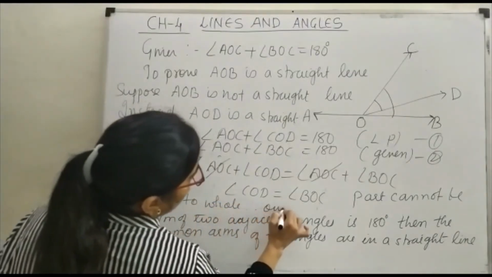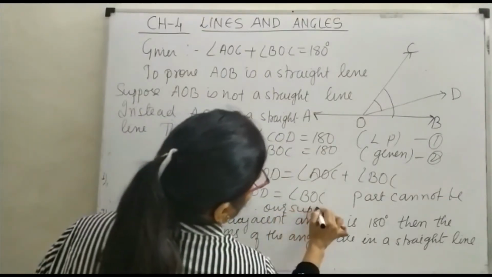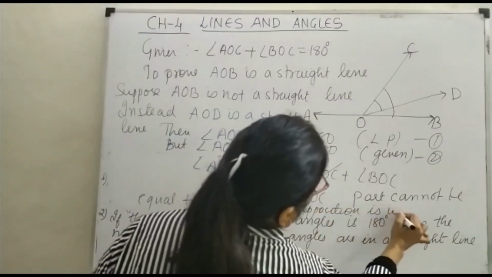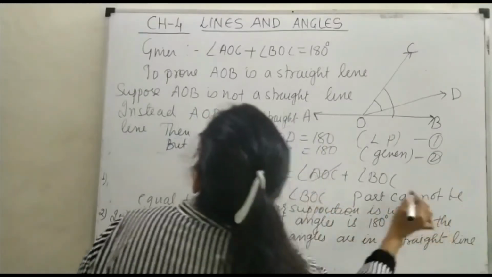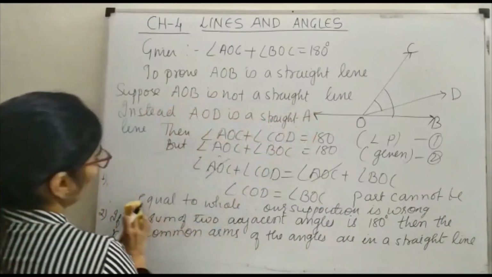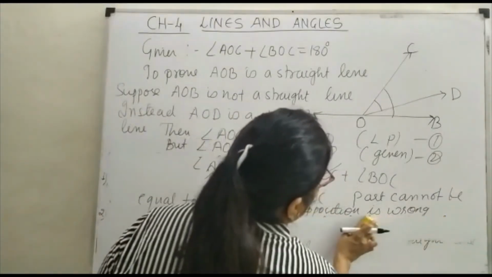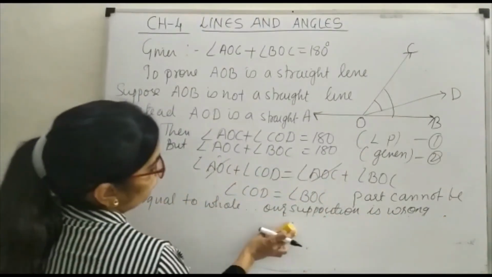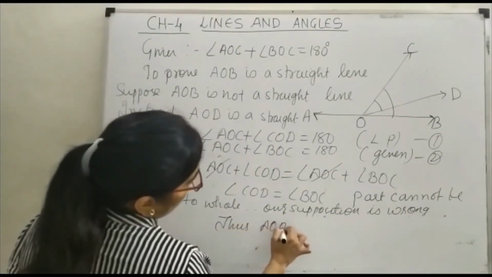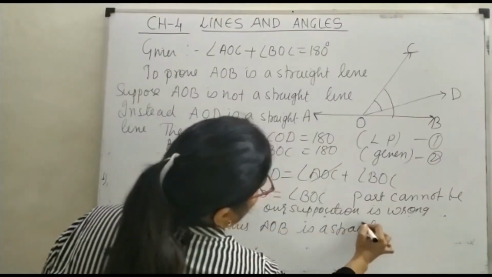Therefore, our supposition is wrong. The supposition we made, that AOB is not a straight line, is wrong. And hence we conclude that AOB is a straight line.